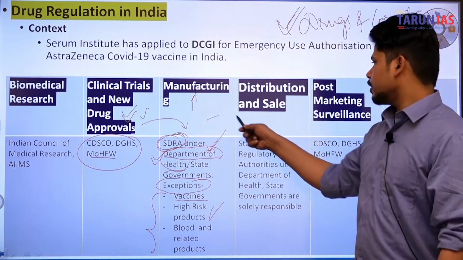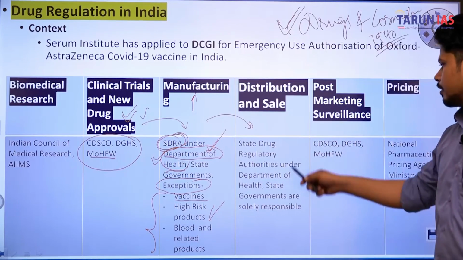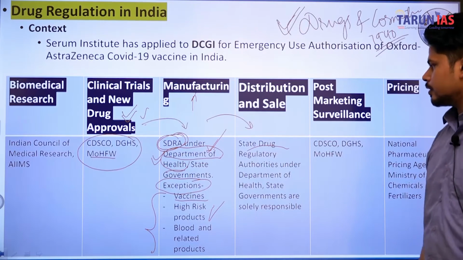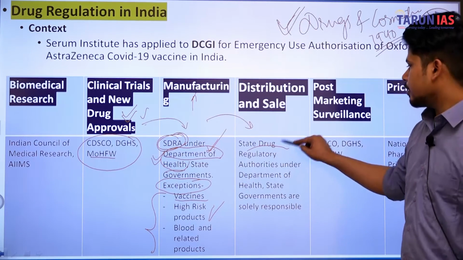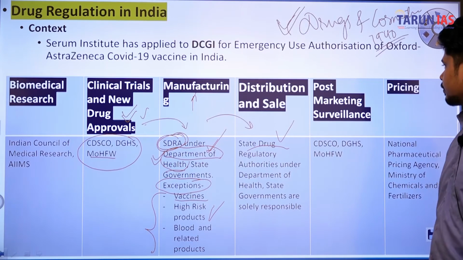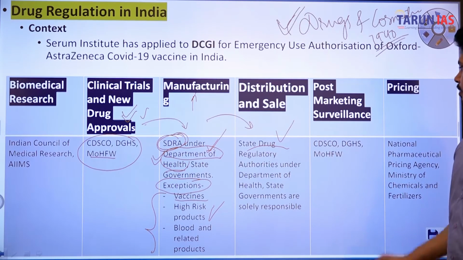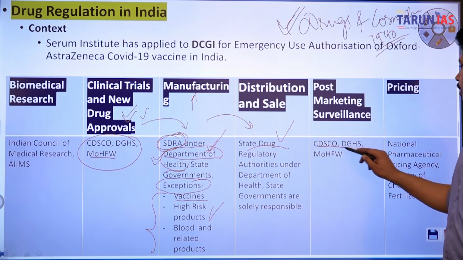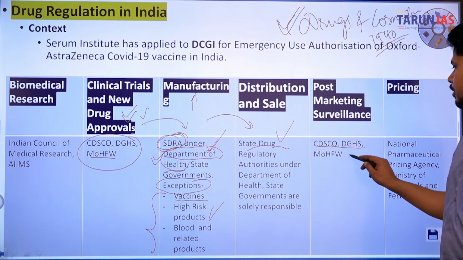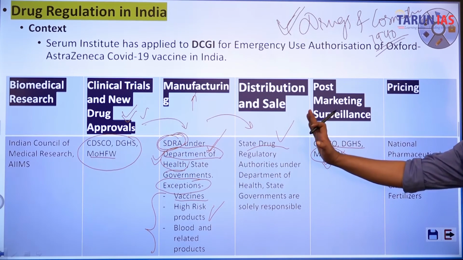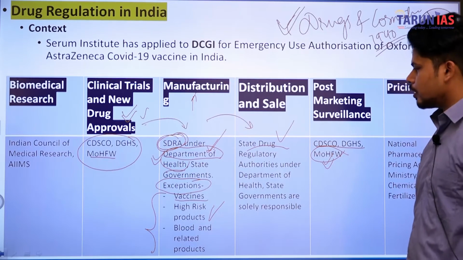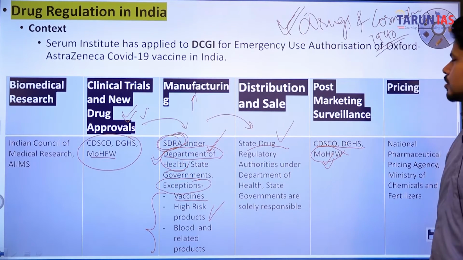After manufacturing, when the drug goes to sale, State Drug Regulatory Authorities under the Department of Health again control manufacturing, distribution and sale. Post-marketing surveillance is done by CDSCO, the Central Drugs Standard Control Organization, under the Ministry of Health and Family Welfare. Up to this point, everything is under the Ministry of Health and Family Welfare or the Department of Health Services under state governments.